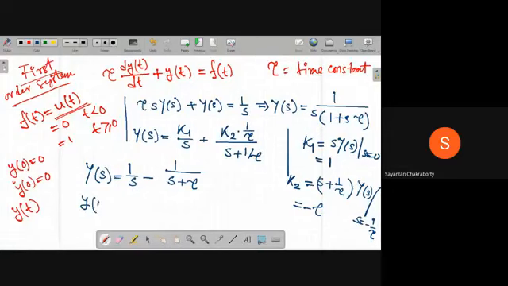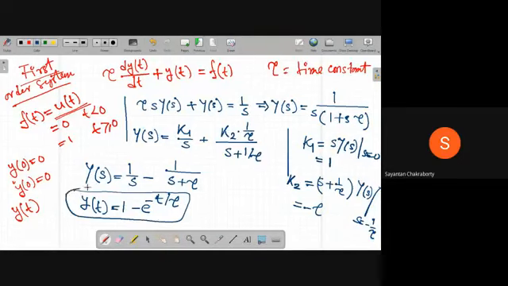So your yt will be equal to 1 minus e to the power minus t by tau. Right? So what is the final value? The final value y infinity, using the final value theorem, will be equal to 1.